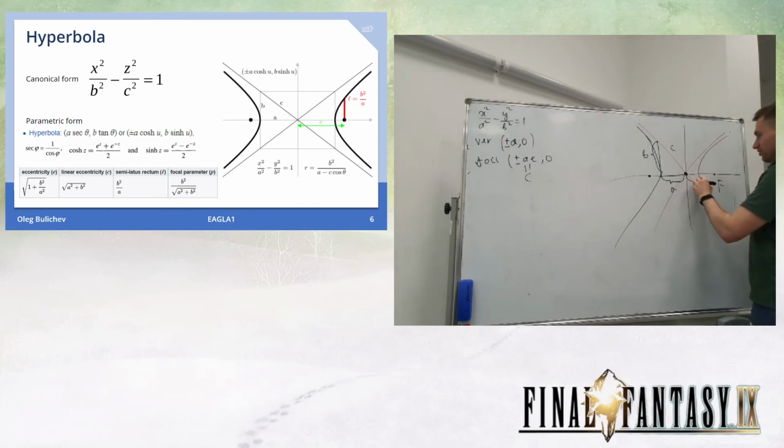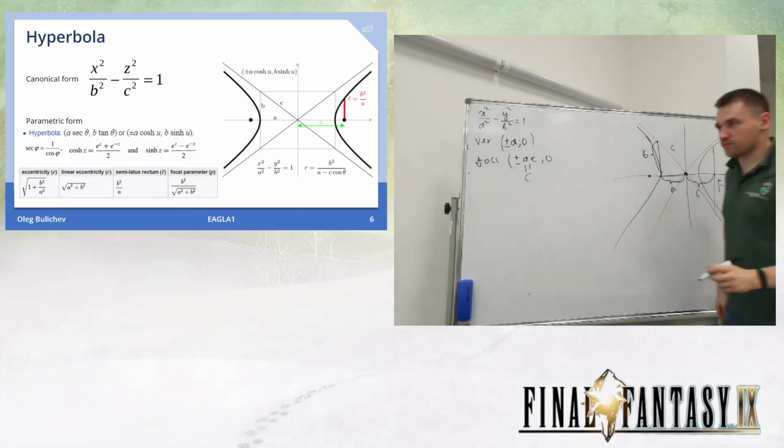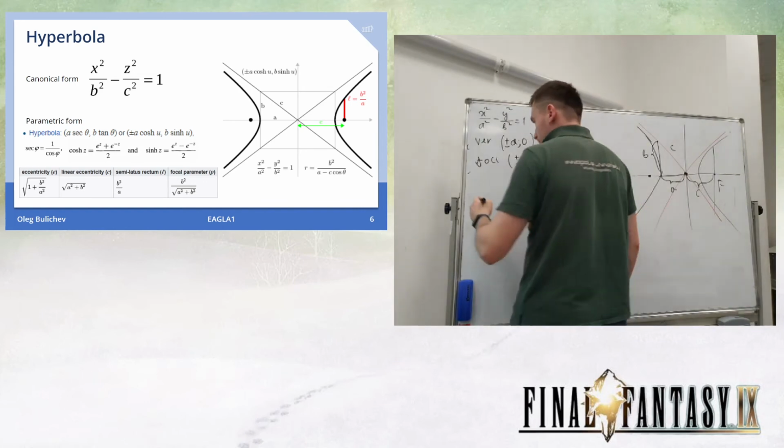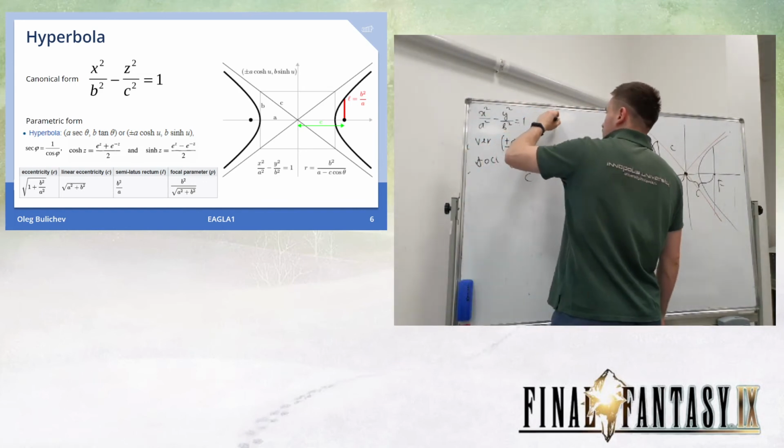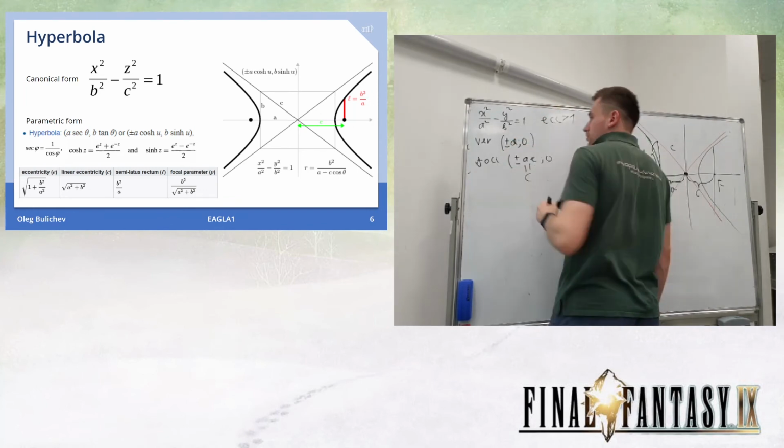C is also the distance to the point. What about the rest? What should it be? More than one.